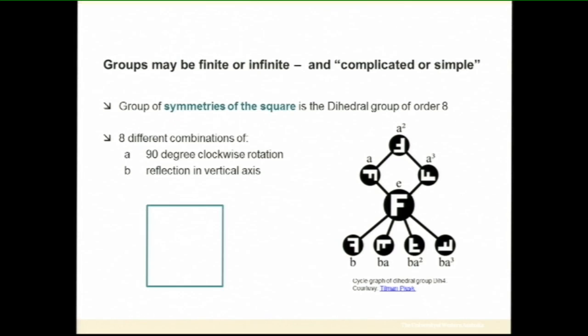And if we were to put a letter F in the centre of this square, then the 8 different operations would transform the way that F would appear into the different ones that I've described in this diagram. Only those 8, no matter how you combine together the fundamental symmetries.